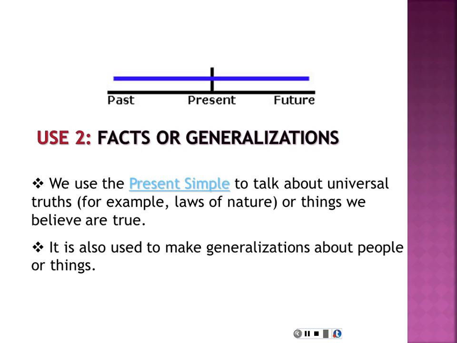So الأفارقة لا يذهبون إلى المدارس بشكل كبير. So this is a generalization. We generalize every people or every person in Africa with this generalization. أطلقنا التعميم على جميع الأشخاص في أفريقيا. This is a generalization, so we use a present symbol. Let's have something else. Let's have the examples.